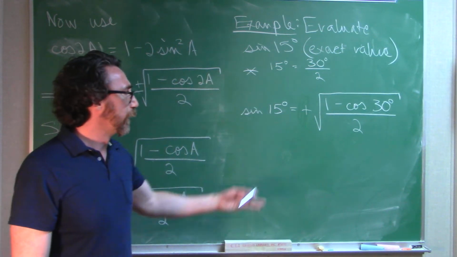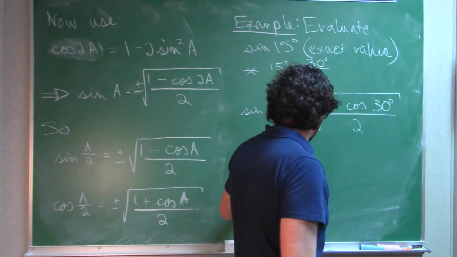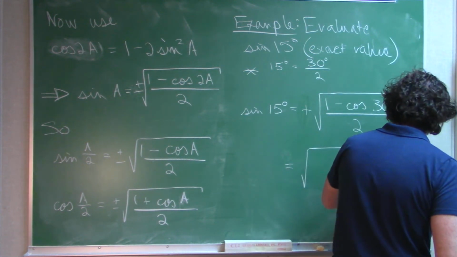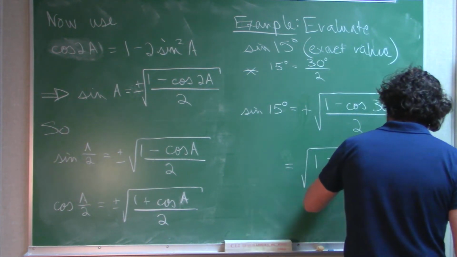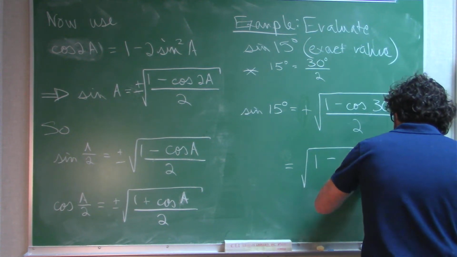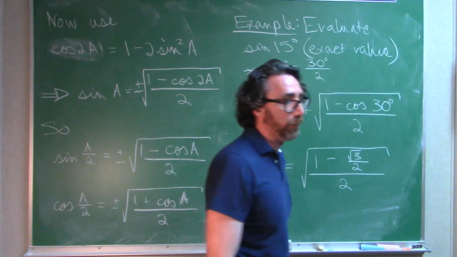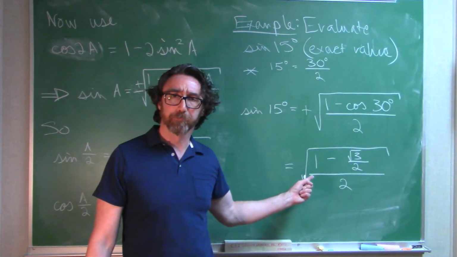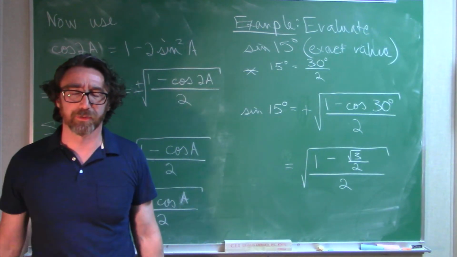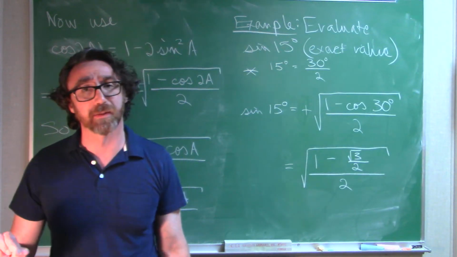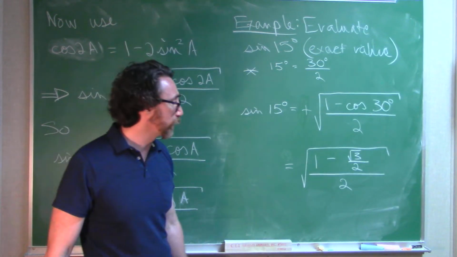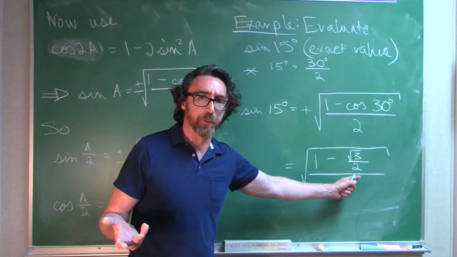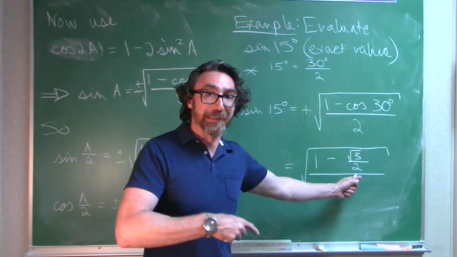Now we can look at our unit circle to get the cosine of 30 degrees. It's radical 3 over 2. Complex fraction right here. If you look back to our last video, you'll see how I like to deal with those. I like to multiply every term by my LCD. Well, there's only one denominator to deal with, so the LCD is that denominator.